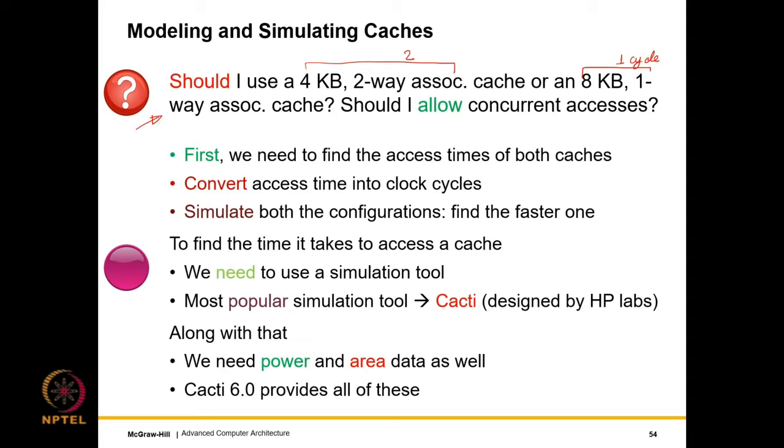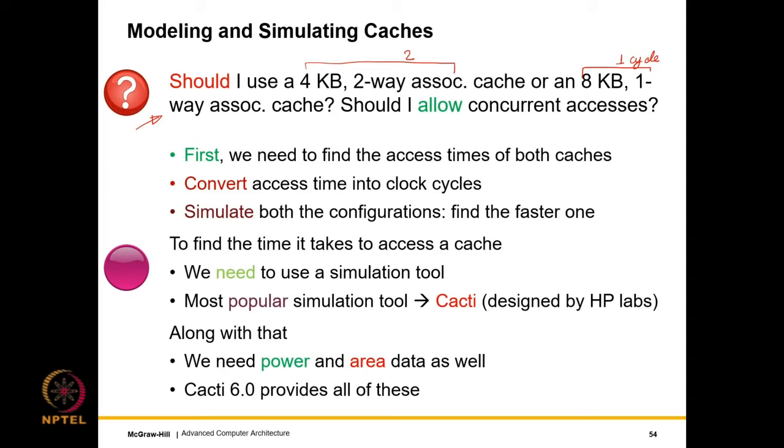Furthermore, the miss rates could also be different. Hence, unless we perform a thorough simulation where we find out the access times of these two designs and then simulate them for a large number of workloads, we will not be in a position to say which design is actually better, because they are in the same range.